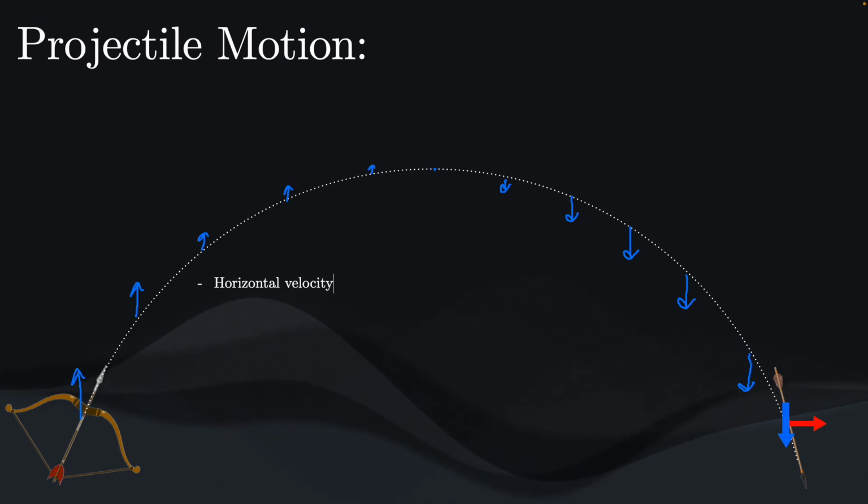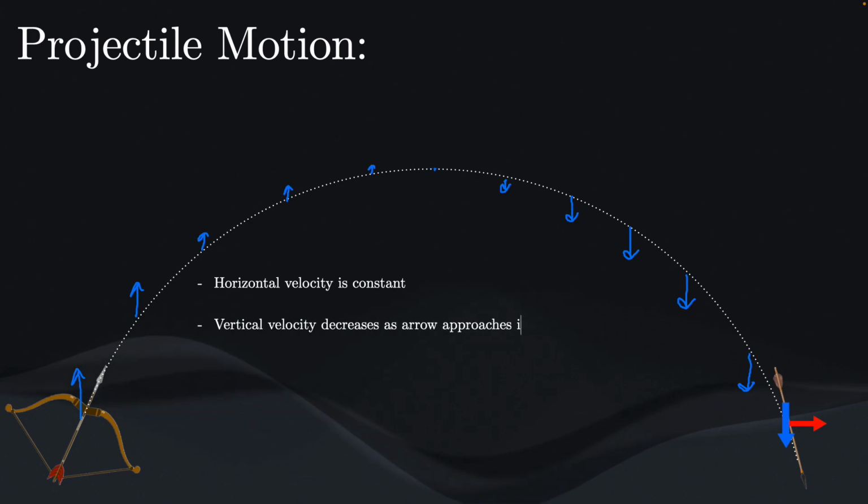Therefore, what are some quick good notes about this? Projectile motion: horizontal velocity is constant, unless there's air resistance. The vertical velocity decreases as the arrow approaches its maximum height.